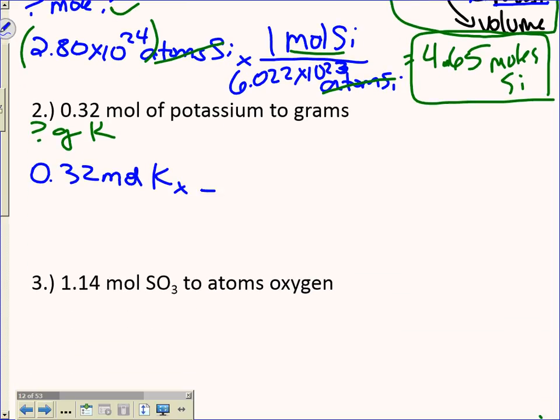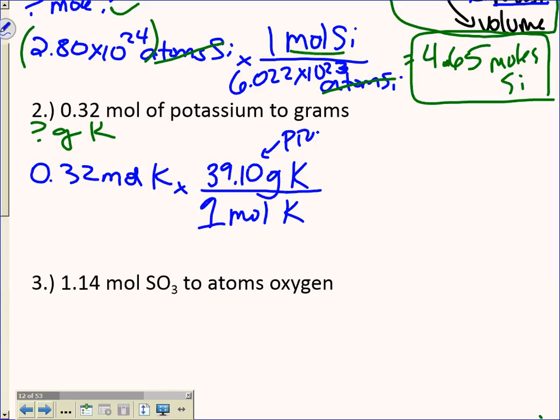What definitely do we want on the bottom? Mole. Right, because I want the mole to cancel and I want grams on top. What do I always put with the mole? 1. Okay, 1 mole, because it's easy to keep that as a constant. 1 mole of potassium has how many grams in it? 39.10 grams potassium, and I pulled that from the periodic table.